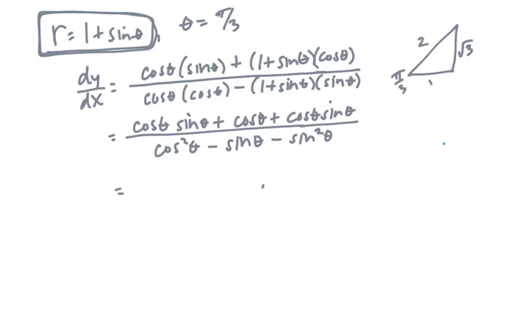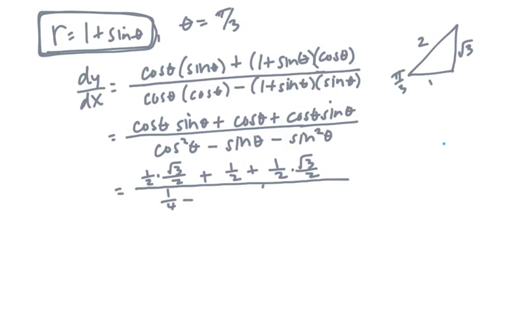The cosine of pi over 3 is 1/2, and the sine is the square root of 3 over 2, plus cosine is 1/2, plus 1/2 times the square root of 3 over 2. Now 1/2 squared is 1/4, minus sine is square root of 3 over 2, minus sine squared is 3 over 4.